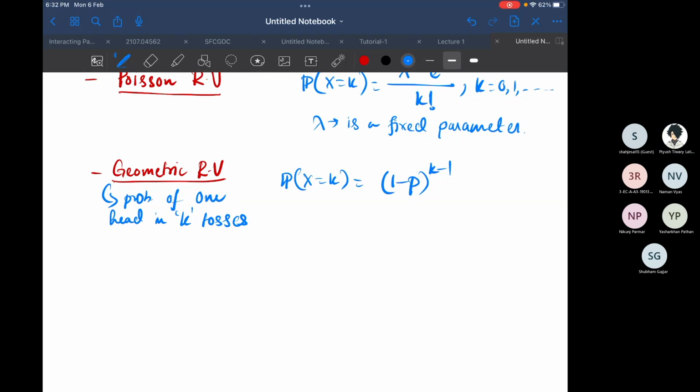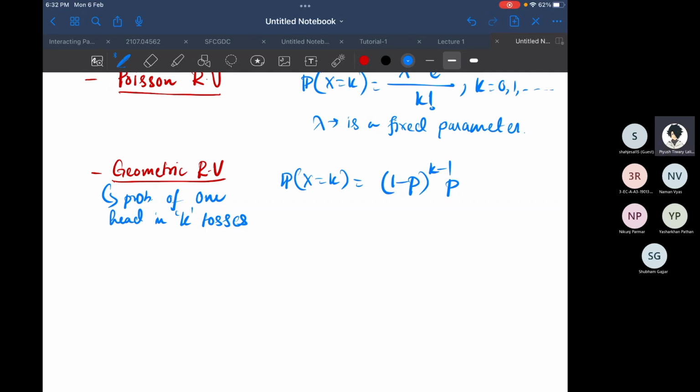So I think this is correct. Probability of one head in k tosses. So k minus one of them should be tails, with probability one minus p, and one of them should be heads, with probability p.